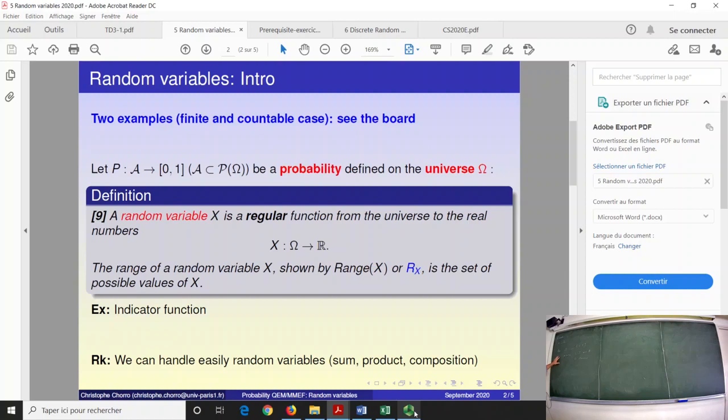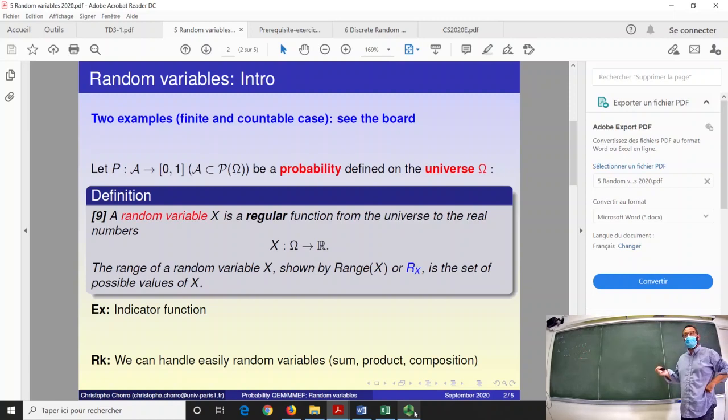I will come back to this example later on, that's why I give it here, because it will also be used in the next propositions or definitions. So indicator function, that is a mapping from my universe into {0, 1}, that is equal to 1 when the element omega belongs to A, and 0 when omega belongs to A complementary.